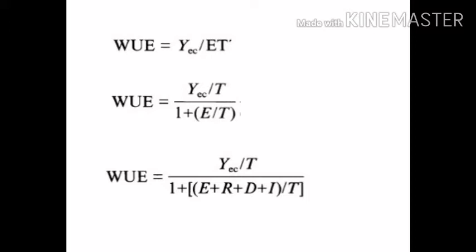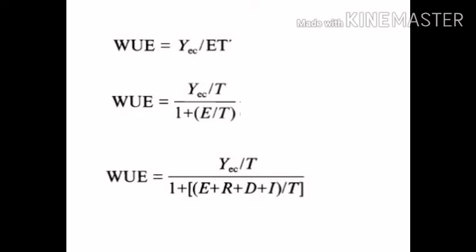Gregory in 1988 proposed an expansion of equation 1 in the form of equation 2. And since in semi-arid conditions, runoff, drainage, and interception of rainfall by crop canopies are also substantial components of water balance, Gregory suggested the third equation.